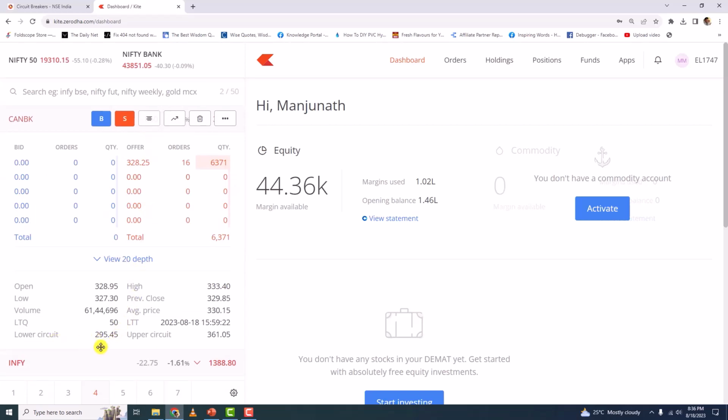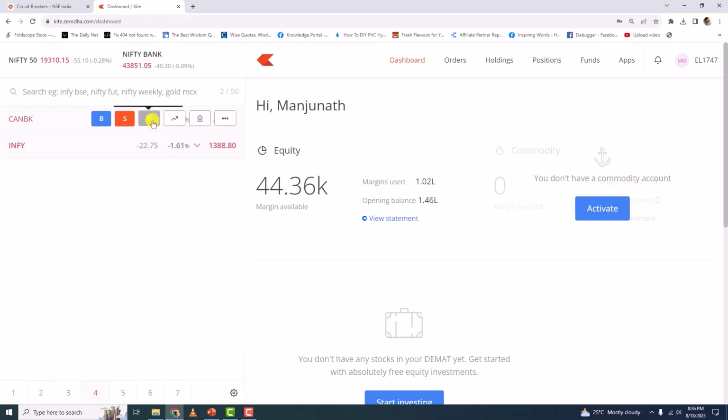See this here, 295.45, and this is the upper circuit, 361.05. Now if you look at today's closing, it is 328.25. Now this will be taken into consideration to calculate upper and lower circuits for tomorrow.